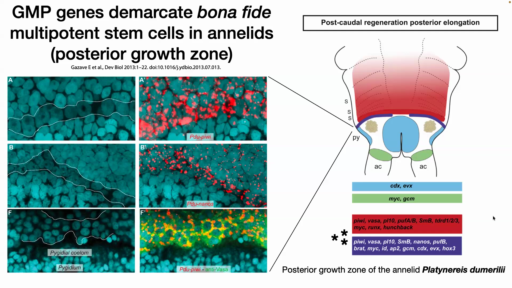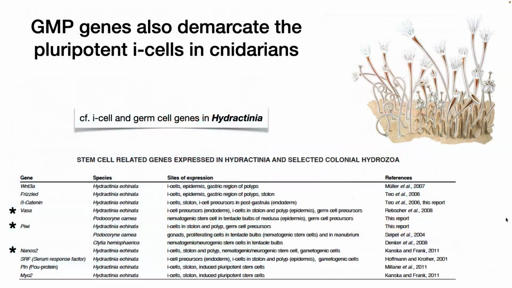And similarly, this type of research has been performed on other invertebrates, resulting in similar findings. Here is yet another one, a cnidarian, Hydractinia, which was known to have pluripotent stem cells, these I-cells. And again, VASA, PIWI, and nanos would be prominent factors expressed in those pluripotent cells.